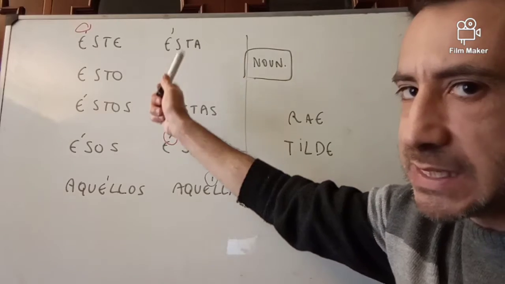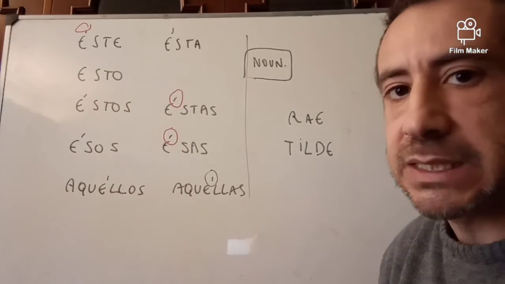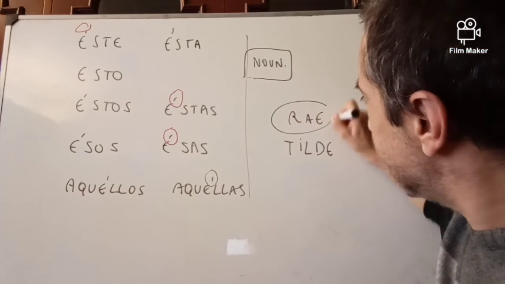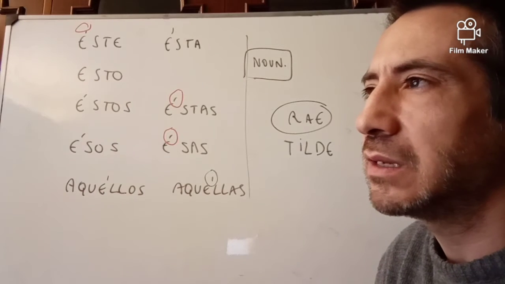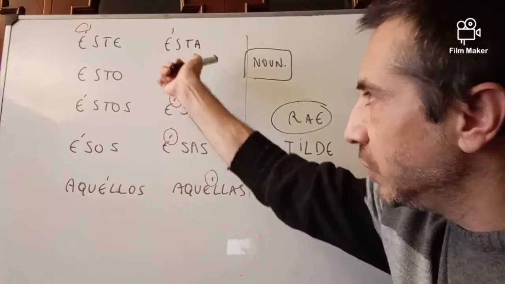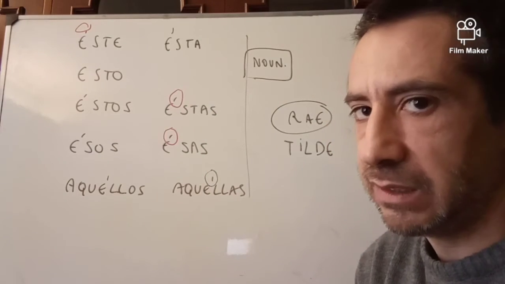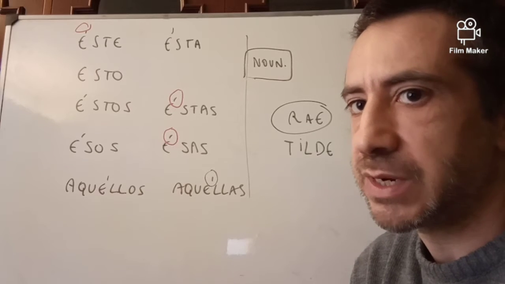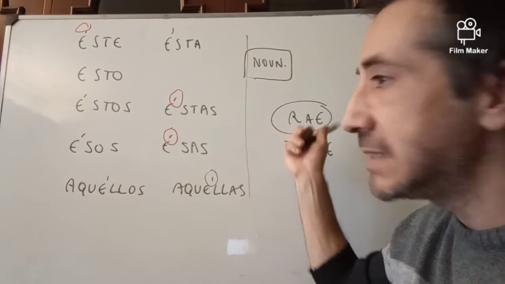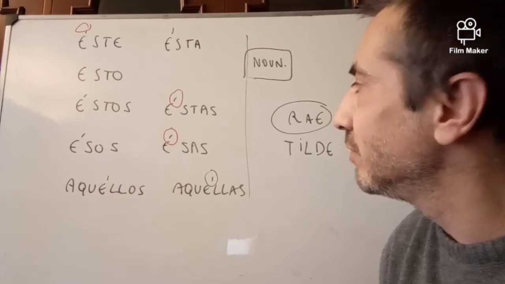So you may come to see this in books that were printed before this decision. These accents were abolished around 5 or 6 years ago, so you'll see these accents in many books and magazines, etc. Because this decision that the Academy has taken is recent.